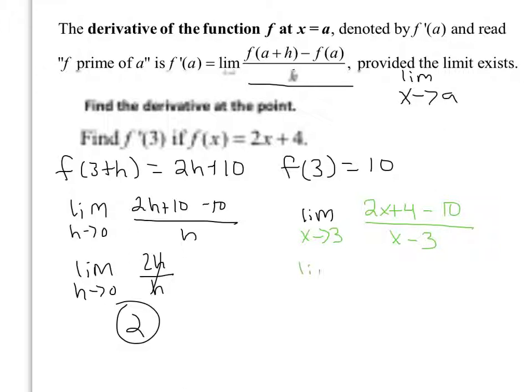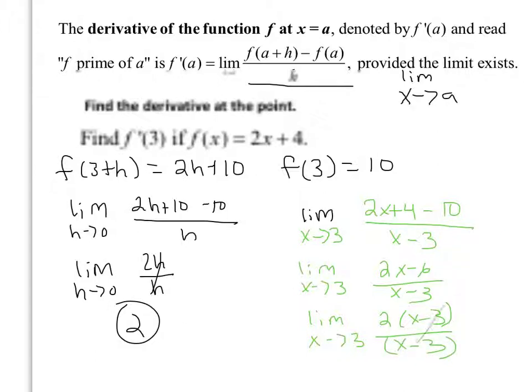Well, that's the limit as x approaches 3 of 2x minus 6 over x minus 3, which is the limit as x approaches 3. Factor out the 2, you get 2 times x minus 3 over x minus 3. So those cancel, so the limit is 2. So see, both of those definitions that we learned on the previous page work. Let's look at another example.